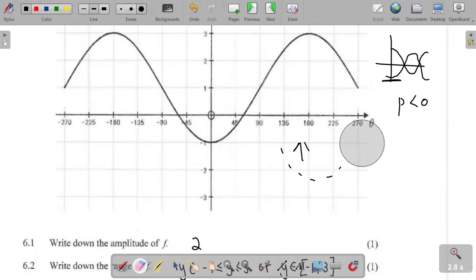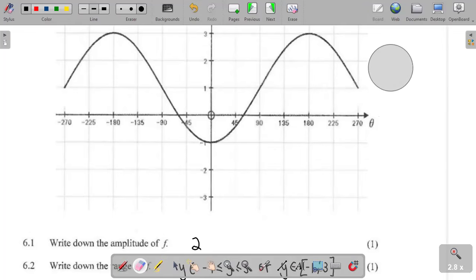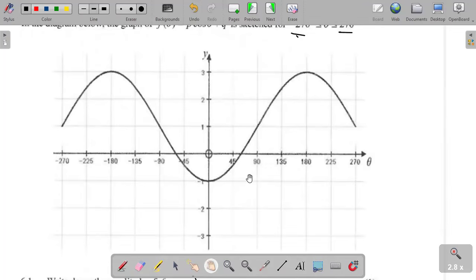So the asymptotes, where are they going to be? The asymptotes are going to be at 270.